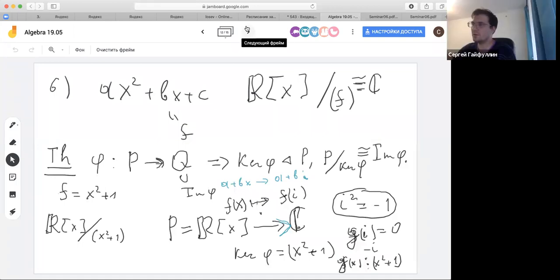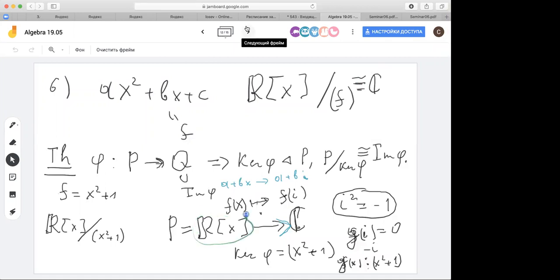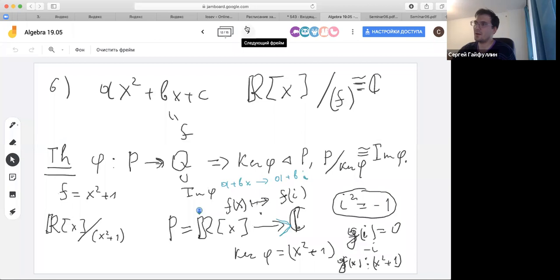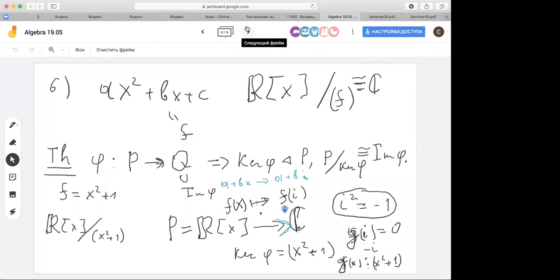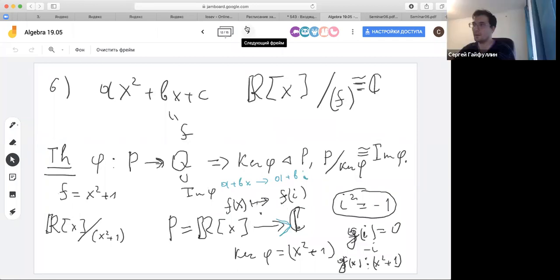We need to show that this is the isomorphism not between R from x, but the isomorphism between the factor ring. And if we have that the kernel is this ideal, then by this theorem, this result is a factor ring. Oh, I see. Okay.